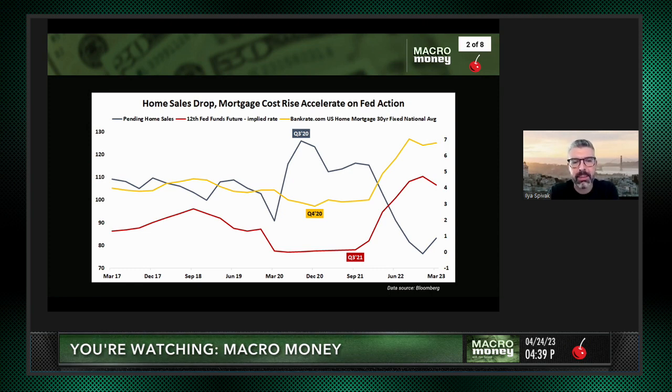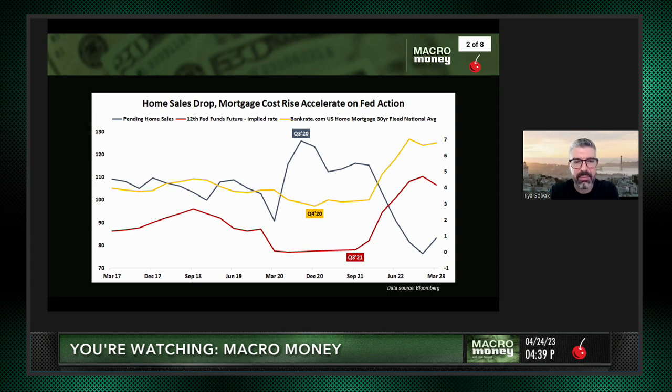So you can see that the bottom in rates is the back half of that year. And then, of course, as we get into the first quarter of 2022, that's where Fed rate hikes actually come into the picture. You can see that's where Fed policy expectations really start to steepen.